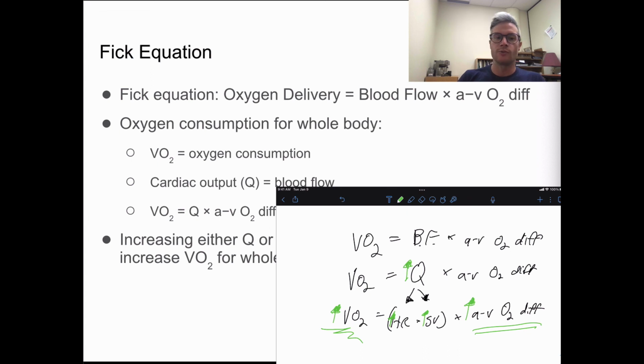And so what this sets the stage for us as far as understanding the Fick equation and oxygen delivery is we get to dive into a little bit more of things that can influence blood flow. Okay, in particular, we're going to look at how that blood flow gets redistributed throughout the body once we start exercising. Okay.